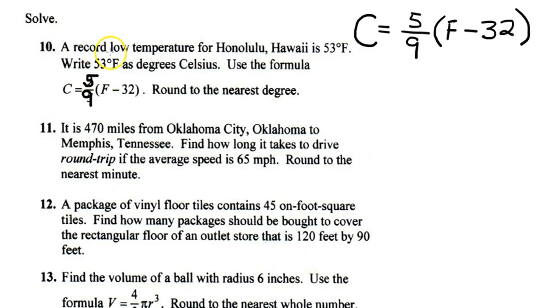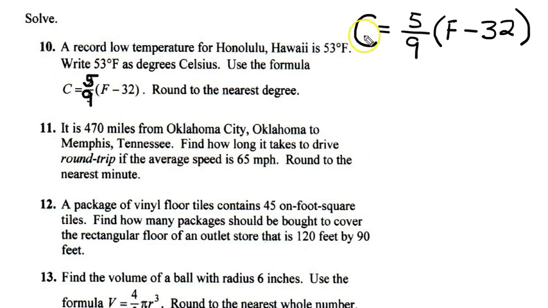Now, going on to number 10 is another typical example you might get where something is in Fahrenheit and they want to convert it to Celsius or vice versa. Now, also what I noticed is that they had the improper numbers here.